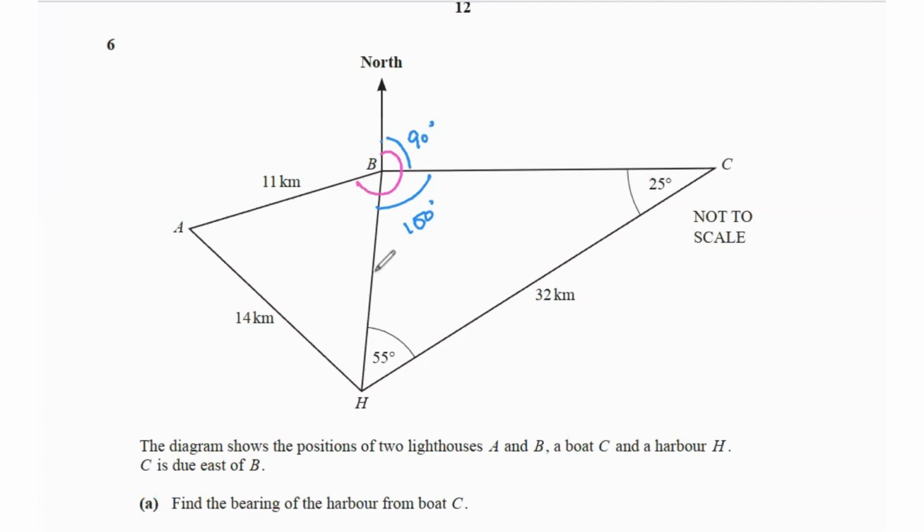So for this angle, we already know this length, which was 13.7 kilometers. Whenever we have all three lengths for a non-right-angled triangle and are trying to find an angle, we use the cosine rule. The cosine rule is also applicable when you have two lengths and the angle between them. So we're going to choose the cosine rule over here and try to find angle B.